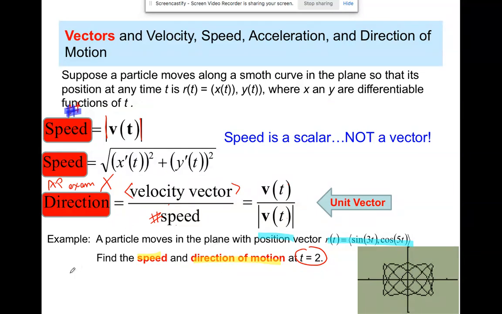So my speed is the absolute value of the velocity vector, which I found on the last slide.